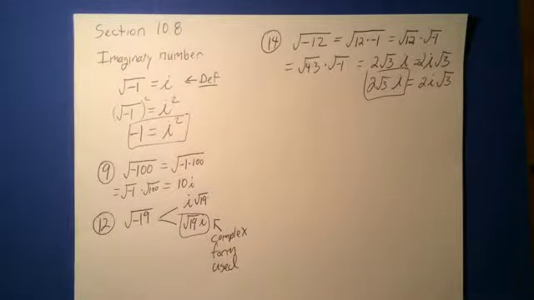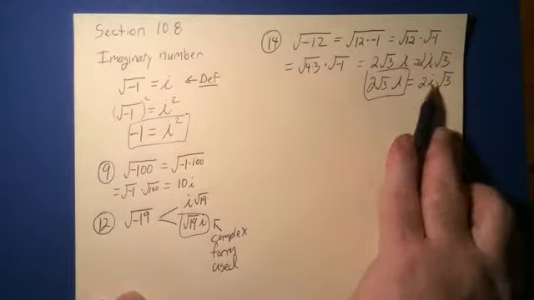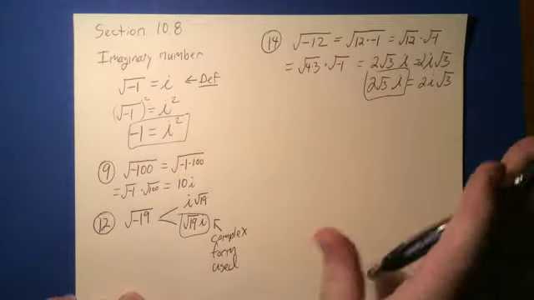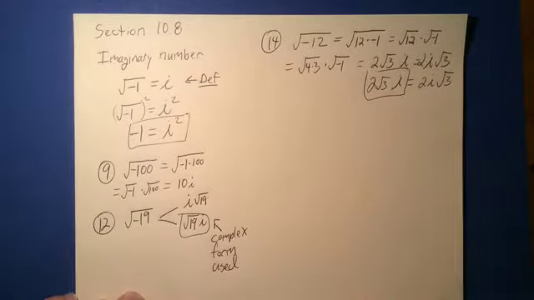On any one of my tests, I don't care which form you use, except when you're asked to write an answer in a plus bi form, which is the way we write complex numbers. Right now, the numbers we have here are all simply imaginary numbers because they all contain an i in one term. So let's continue on simplifying some more work here.